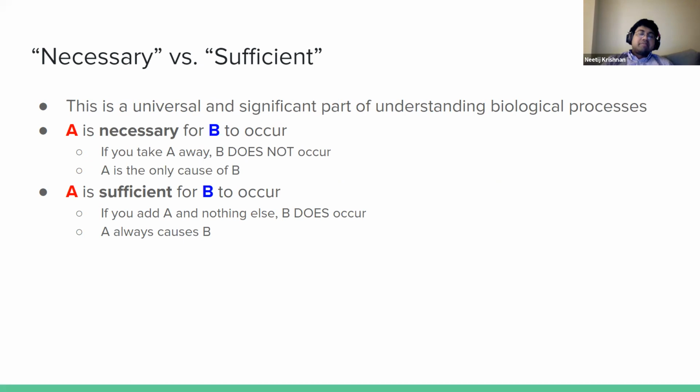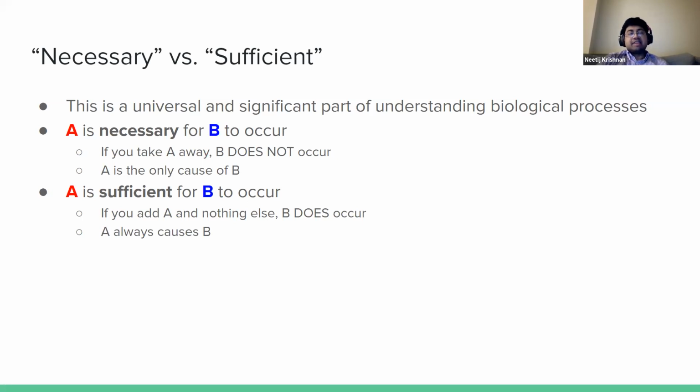Okay, those of you who were at my previous session for MCAT overall will remember this. Necessary versus sufficient is a huge deal in understanding and drawing conclusions about biological processes. Necessary means if you take A away, B does not occur.